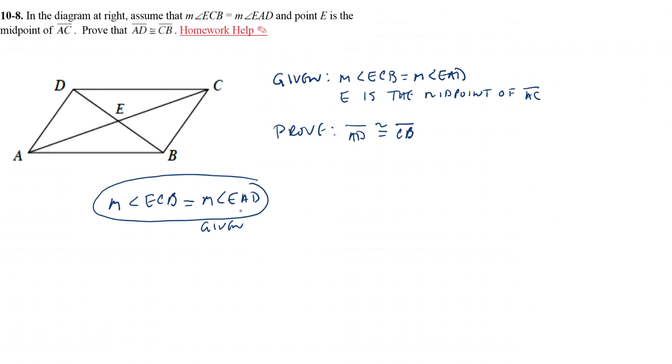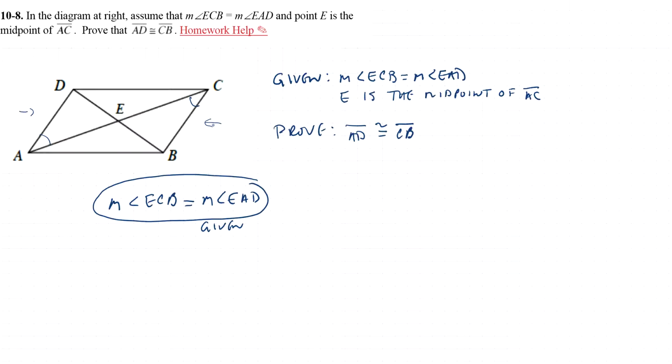So when I look at my diagram, I know that ECB, this angle, is equal to the measure of angle EAD. Alright, so that's good. And I'm looking to prove that AD, this segment, is congruent to this segment.